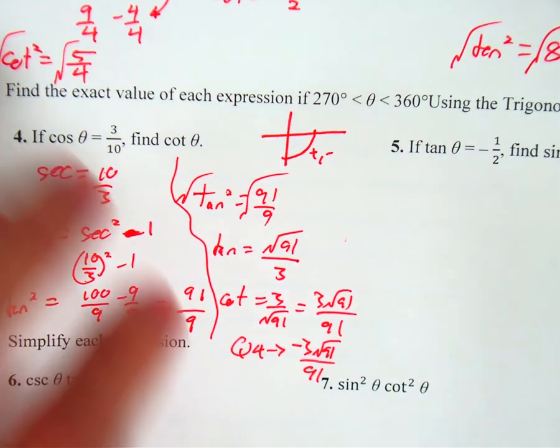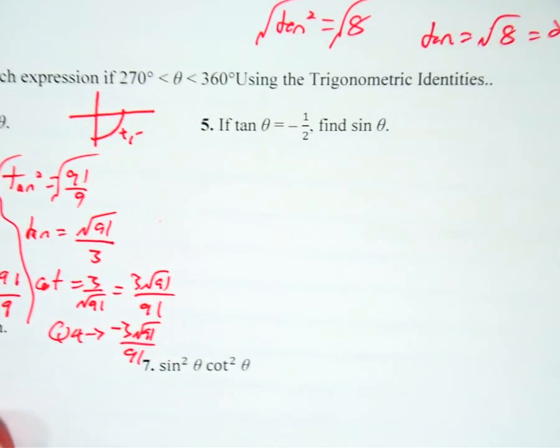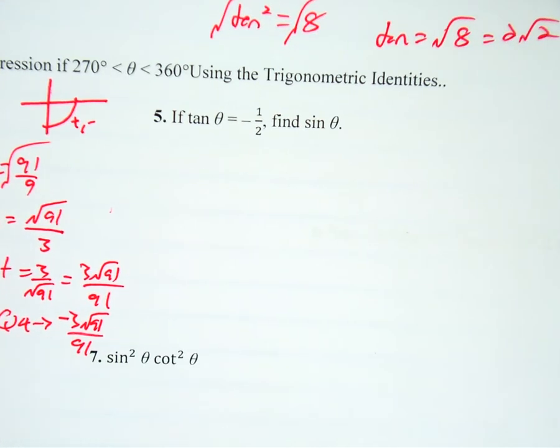Okay, number 5 over here is going to be pretty similar. Tangent equals negative 1/2. Find sine. Okay. So you got the same kind of options here.